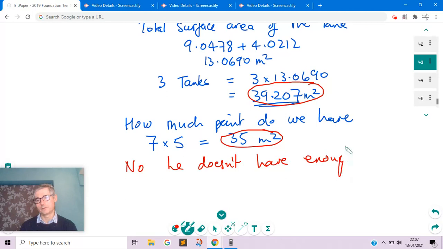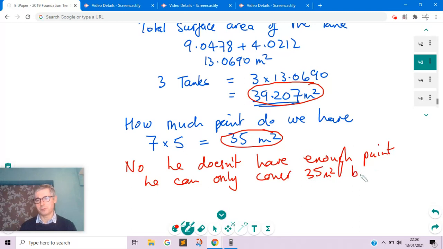So we could explain it a little bit more. We could say he can only cover 35 meters squared, but he needs to cover 39.207. So we can see he definitely hasn't got enough paint there.